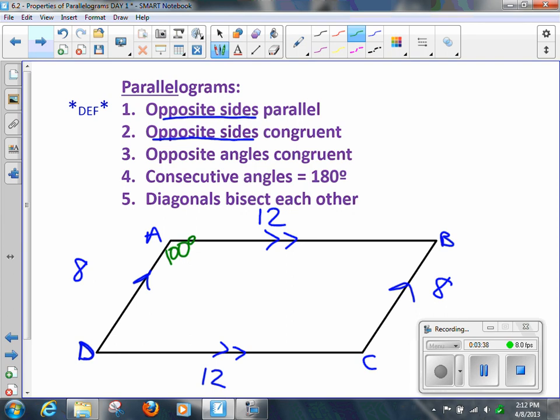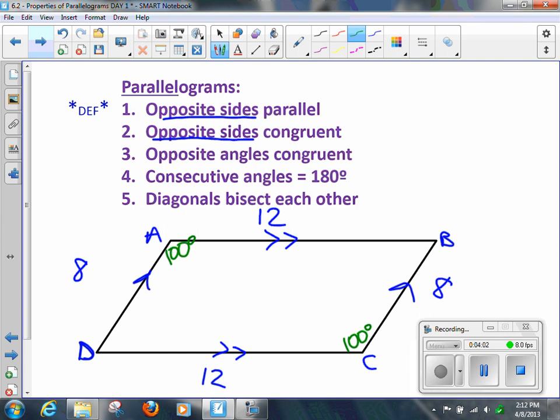If angle A is 100 degrees, is there another angle up there that is also 100 degrees? Angle C. How do you know? Because it says opposite angles are congruent. But if you look at it, isn't that the only other obtuse angle there? Yeah? So we've got opposite angles are congruent.